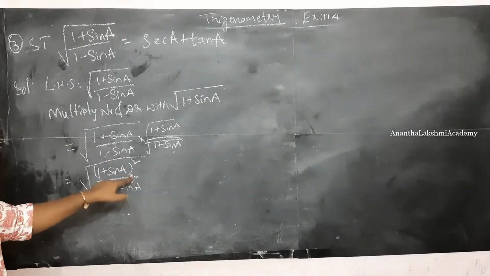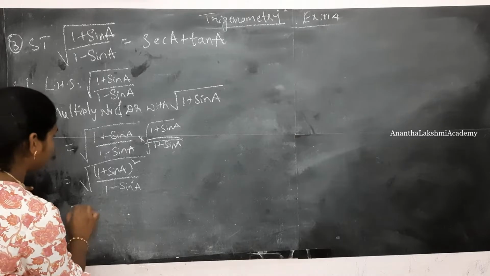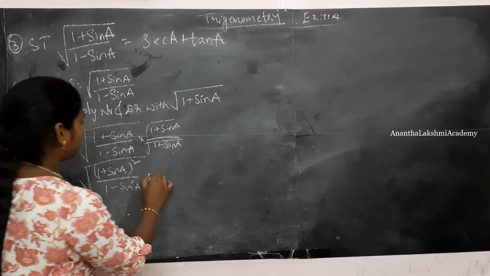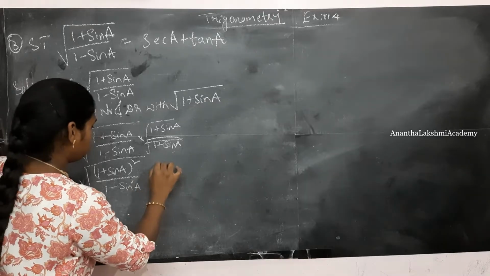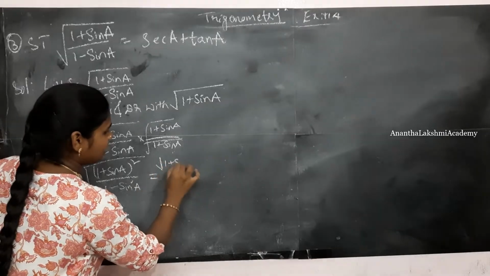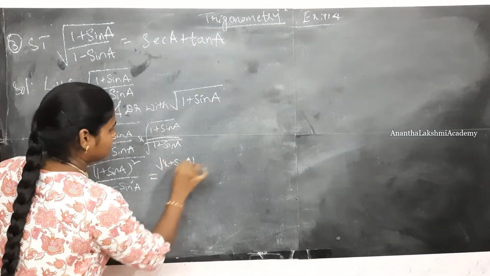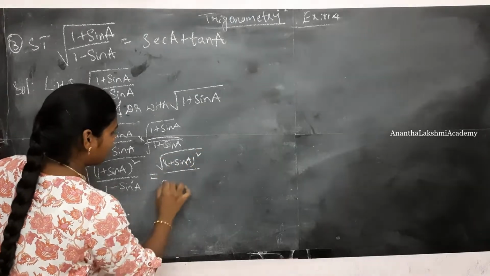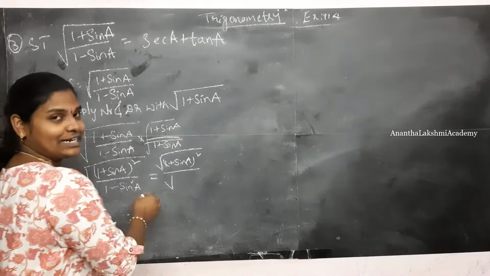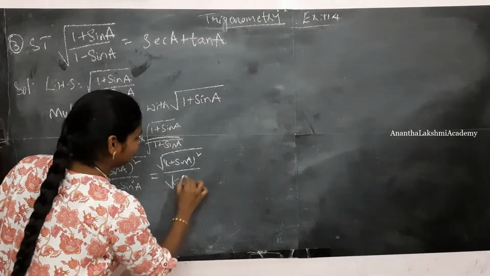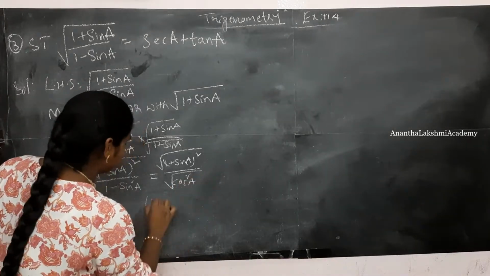What is 1 plus sine a whole square? Okay, let me write it here. Now 1 plus sine, let me split the roots. 1 plus sine a whole square by 1 minus sine square a. Trigonometric identity number 1, cos square a, right? What is that?